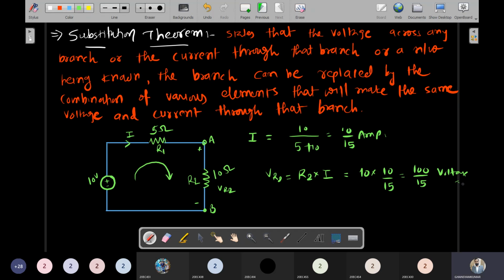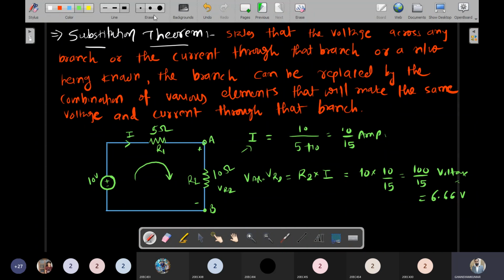I can replace this branch using some other elements, but the voltage across AB should not be changed, and the current I should not be changed. So 100 by 15, how much are you getting? 6.66 volt. Okay.